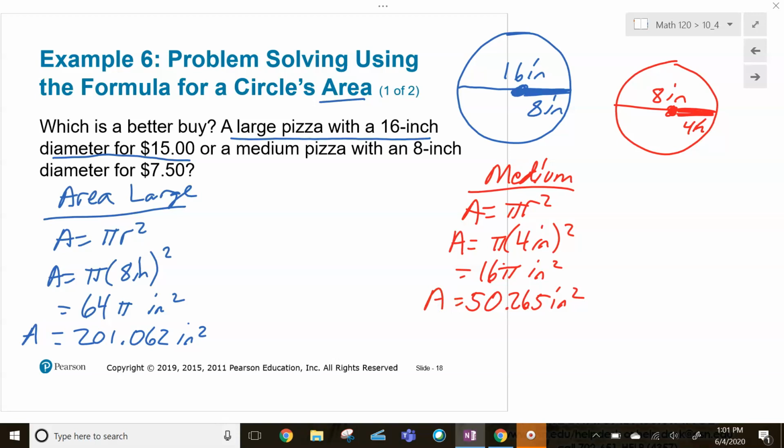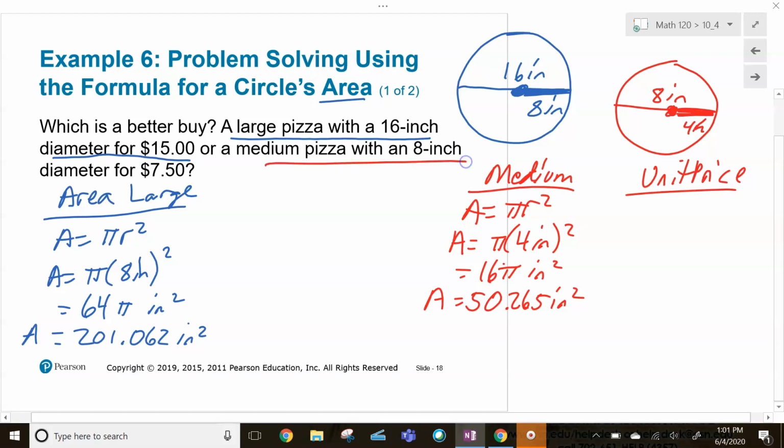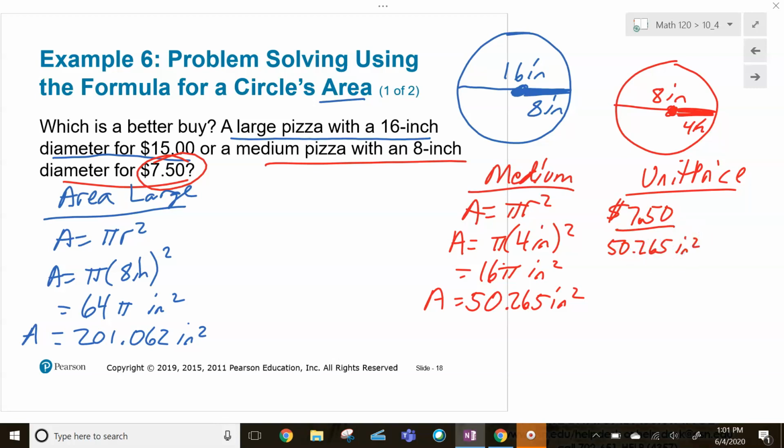Okay, now let's do the per unit cost, in other words, the cost per square inch. Since I've got the red here, let's start with our unit price. We know we're getting 50.265 square inches, but the cost of this medium pizza is 7.50. So I'm going to divide 7.50 by the total area, 50.265 square inches.